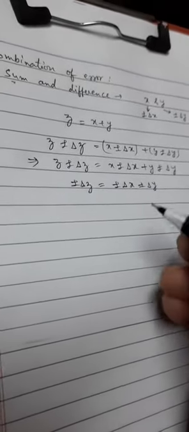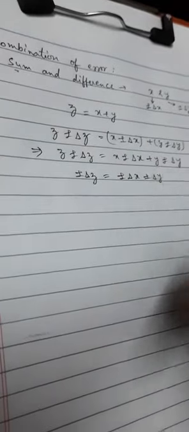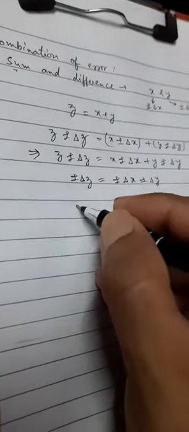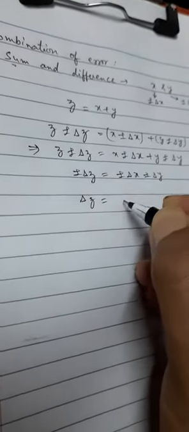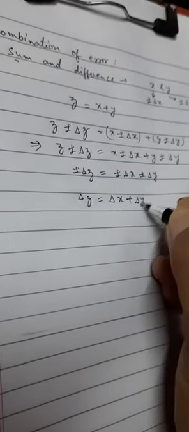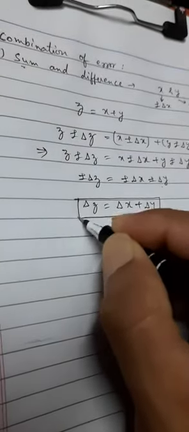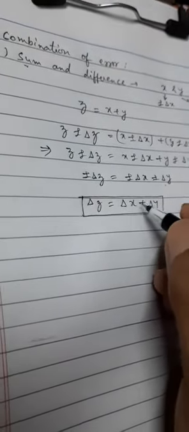Clear? So the maximum possible error in z, delta z, is equal to delta x plus delta y. When you add these two, then you will get the maximum error. So the maximum possible error in z is delta z equal to delta x plus delta y.